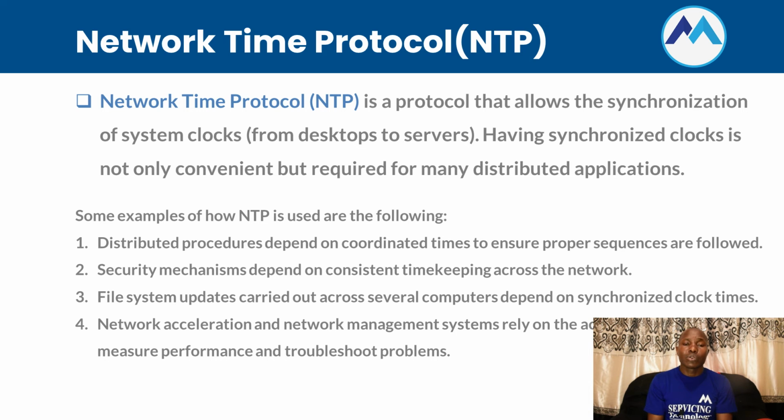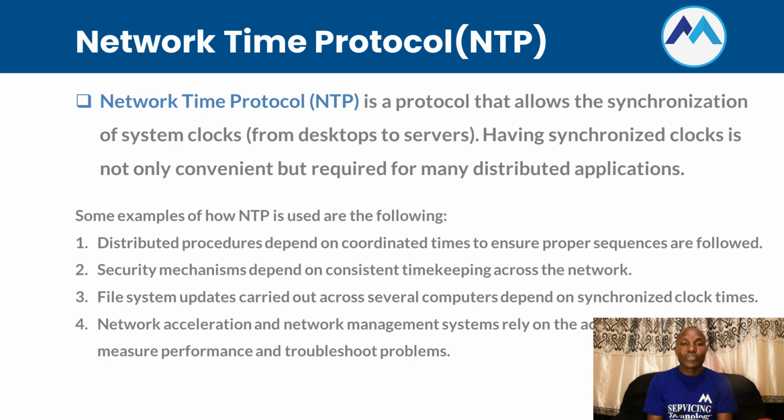Some examples of how NTP is used are the following. Number 1, distributed procedures depend on coordinated times to ensure proper sequences are followed. Number 2, security mechanisms depend on consistent timekeeping across the network.